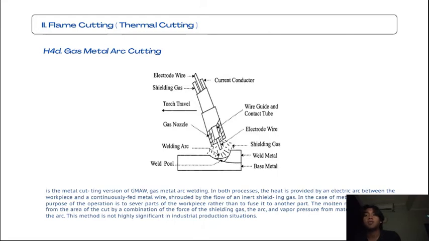In the case of metal arc cutting, the purpose of the operation is to sever parts of the workpiece rather than to fuse it to another part. The molten metal is evacuated from the area of the cut by the combination of the force of the shielding gas, the arc, and the vapor pressures from materials vaporized by the arc. So this method is not highly significant in industrial production situations.